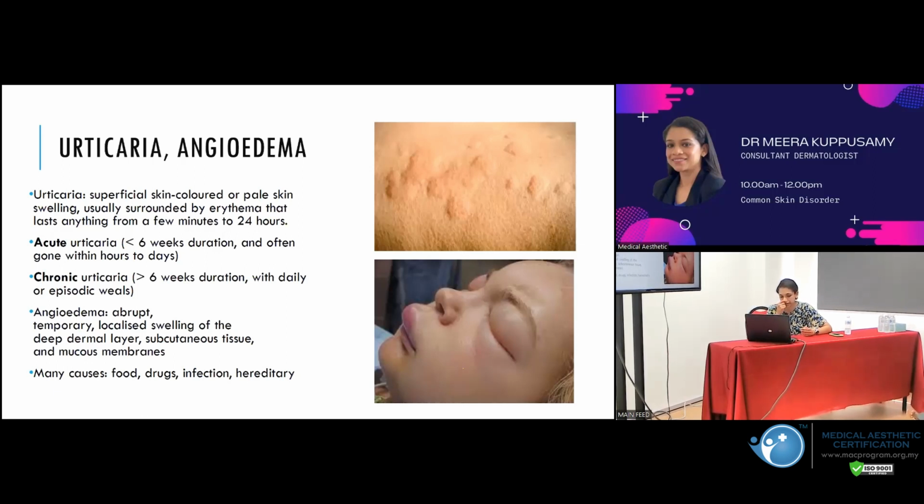So it is swelling, basically of the eyes, mouth, throat, and can also cause difficulties in breathing. The causes of urticaria and angioedema can be food, drugs, infection, and there's a form of hereditary angioedema as well. This one will have family history.